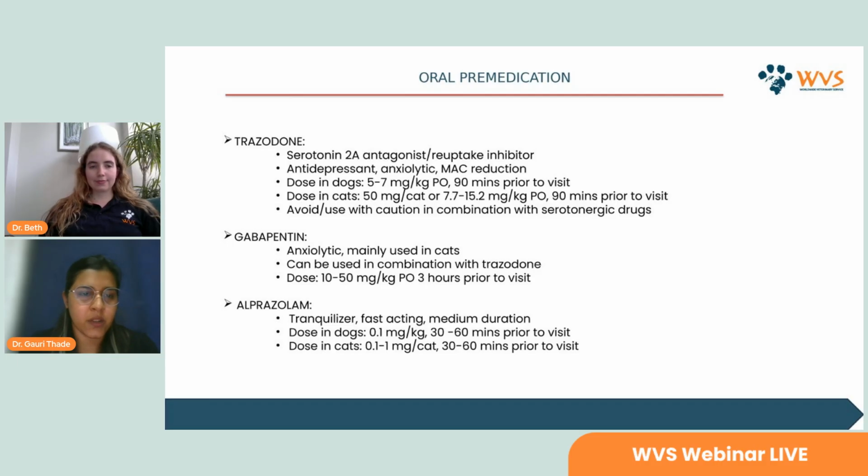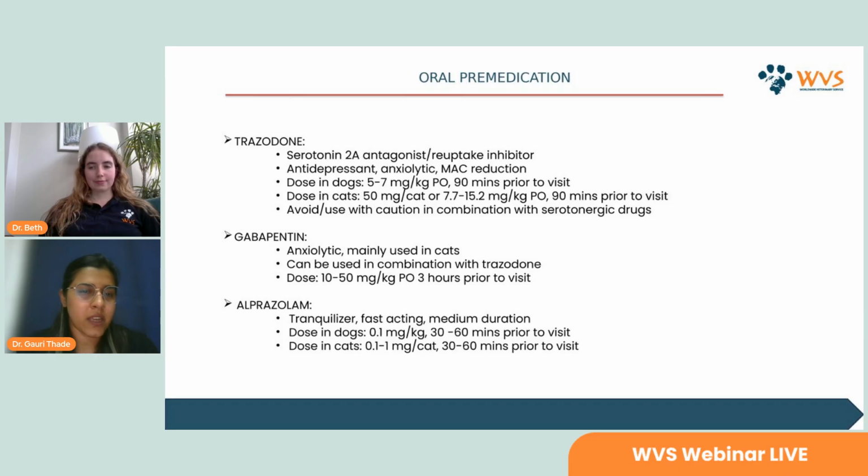It is an anxiolytic, and when you use it at the recommended doses, if you're going to follow it with a gas anesthesia, you should expect MAC reduction. So you would keep your gas at a lesser level. But since we're not going to gas here, if it's just a one-time pre-visit use, the doses are given on the screen. For dogs, it's around 5 to 7 milligram per kilo, 90 minutes prior to visit.